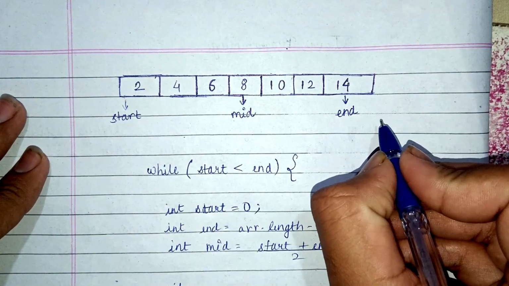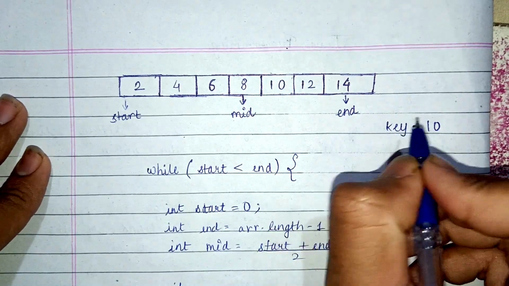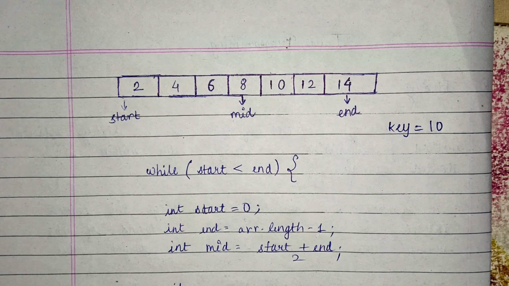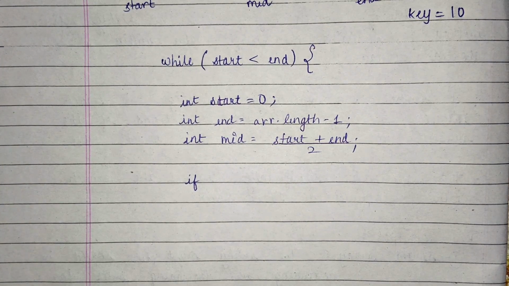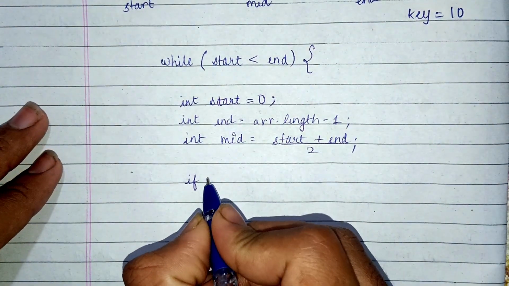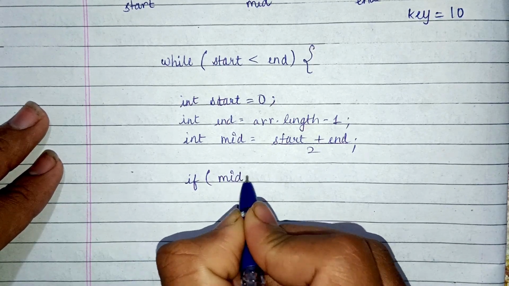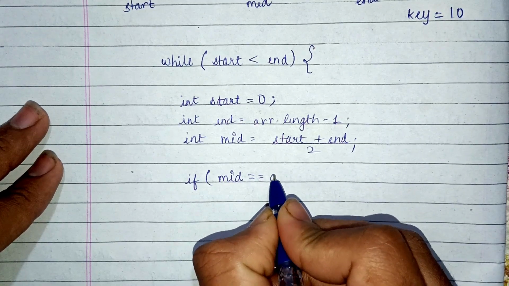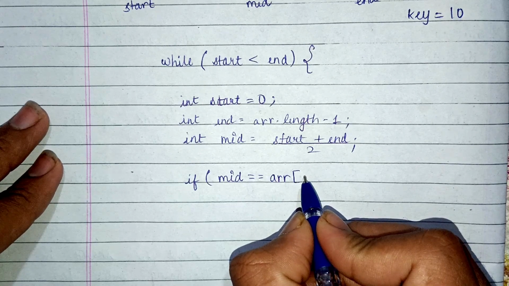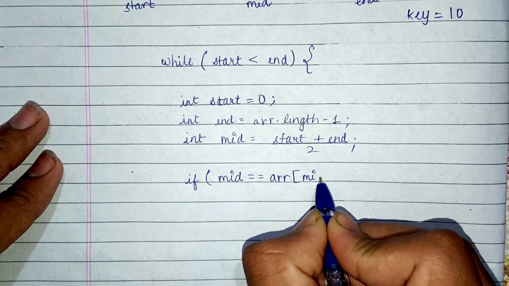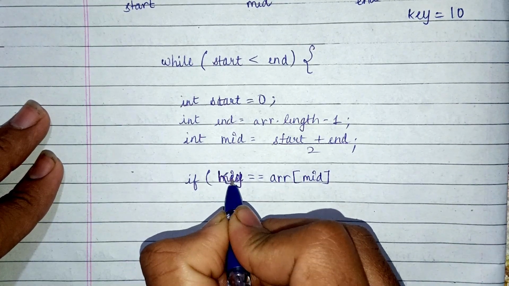Let's say the key is 10, meaning the target value. Now we have to write three conditions. First, if key is equal to array of mid.